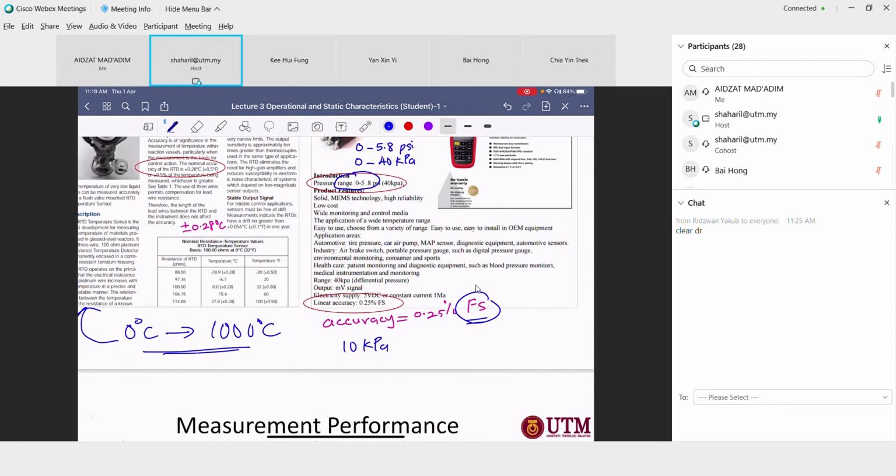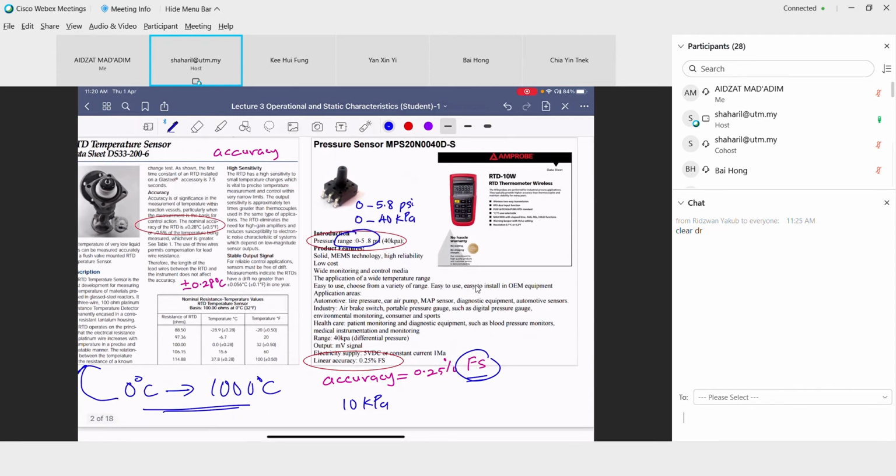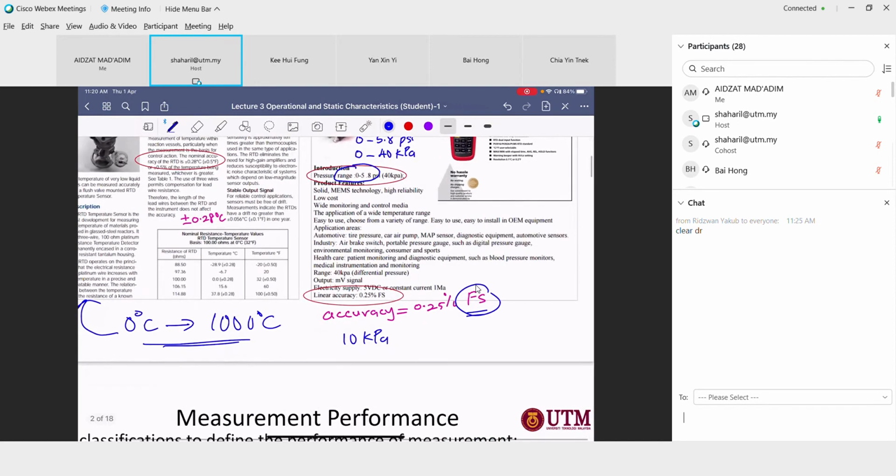You want a transducer that can detect at least 10 kPa. But according to this datasheet, you only get a range of 0 to 40 kPa and an accuracy of 0.25% times full scale. So where is the resolution? Where can you get the resolution? Is it from the range or from the accuracy?